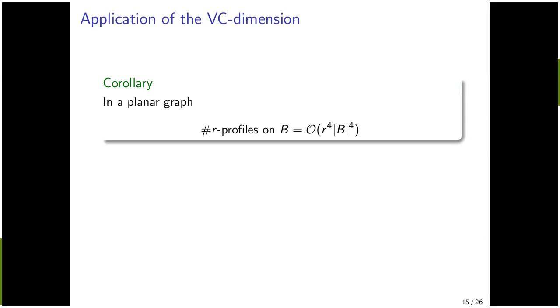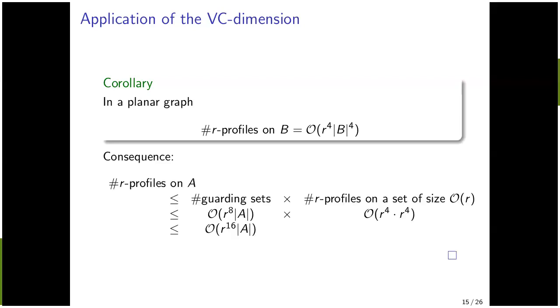So the number of profiles on the set of vertices B is always big O of R to the 4th times B to the 4th. And this is the inequality we wanted, because now the number of R profiles of A is the number of guarding sets times the number of profiles on a set of size big O of R. So the first factor is just big O of R to the 8 times A, and the second one is big O of R to the 8.